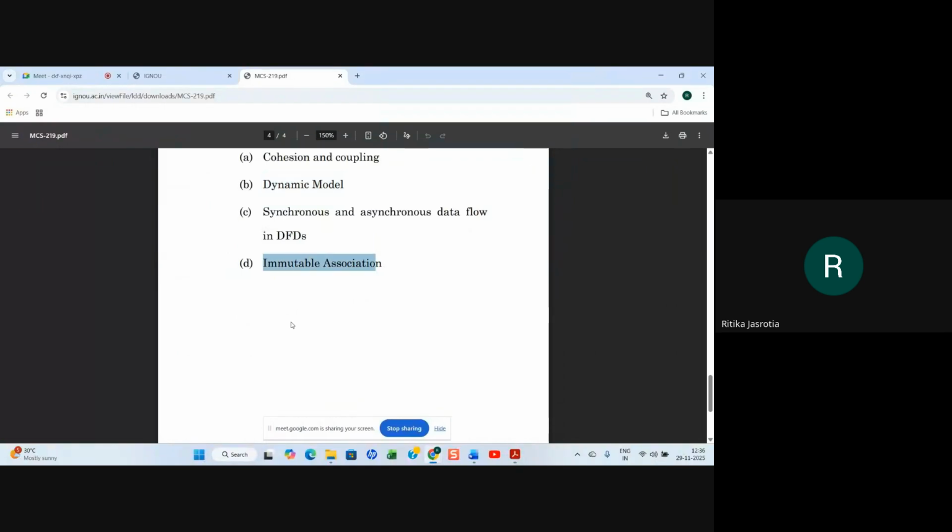So we'll see what immutable is. Mutable means which is repetitive. Immutable means which is not repetitive.